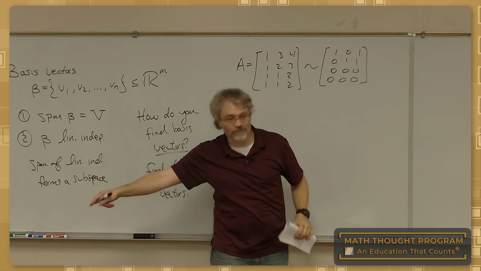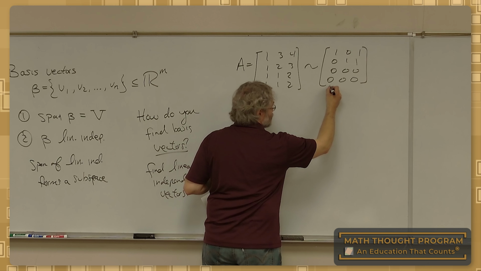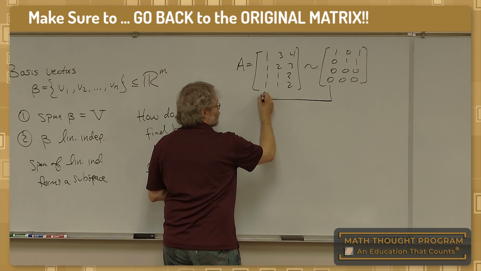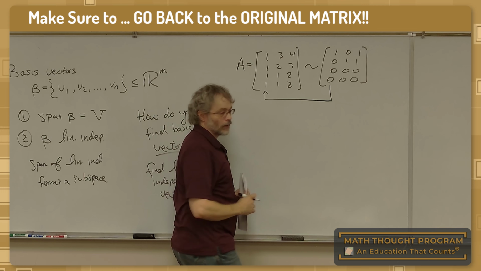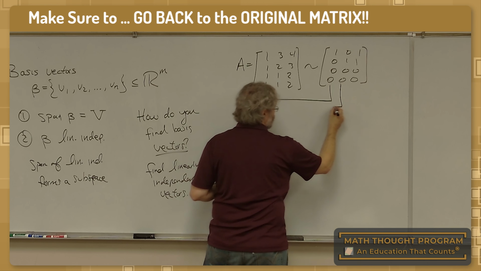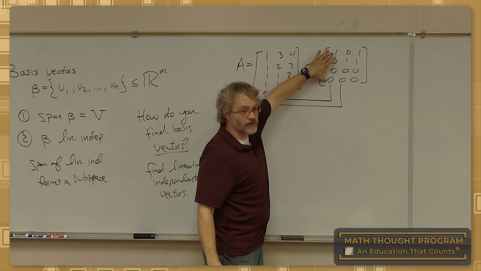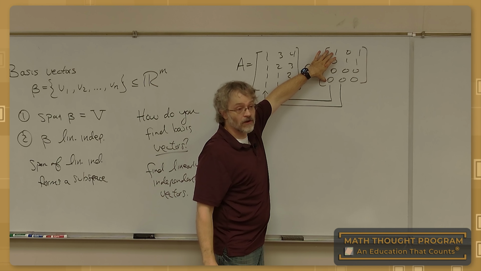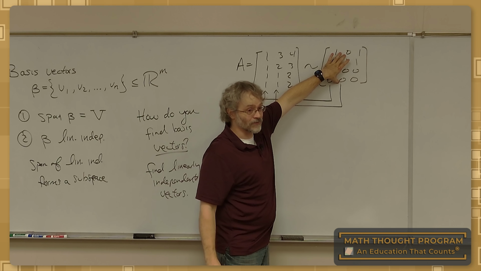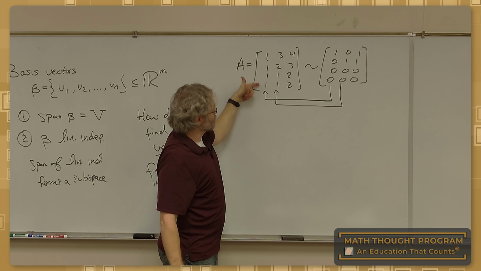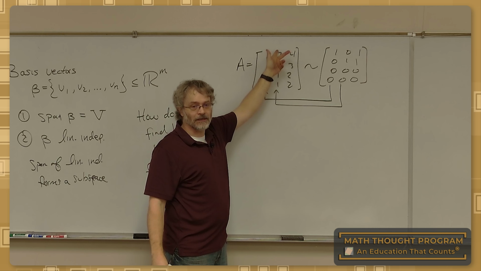Then trace it back to the matrix in question. You would select column 1, and then you would select column 2 because there is a pivot over here in the echelon form for column 1 and column 2. These vectors are going to be linearly independent vectors.